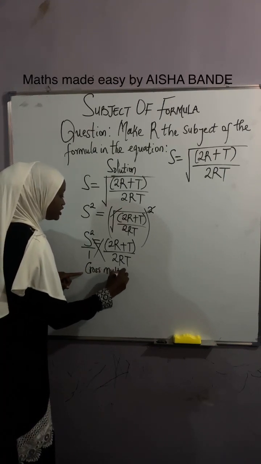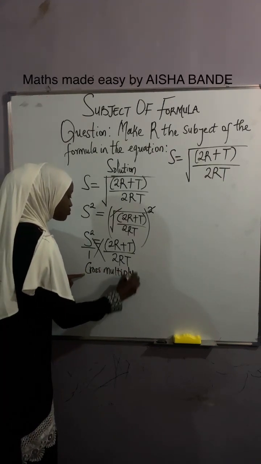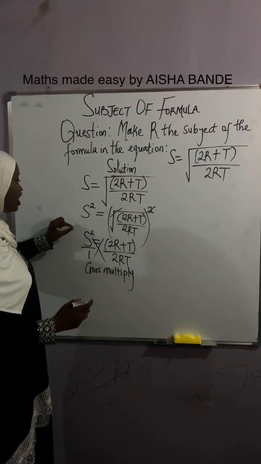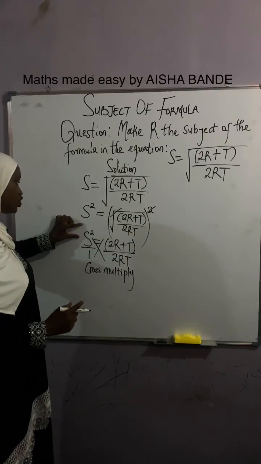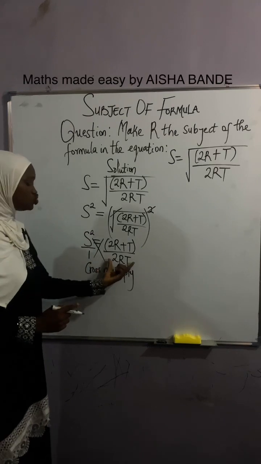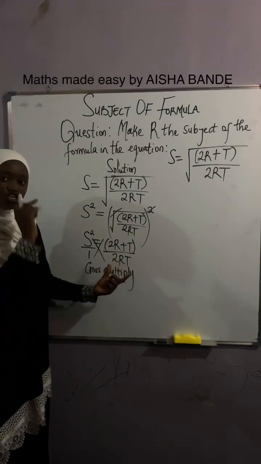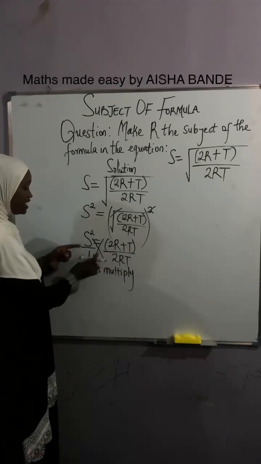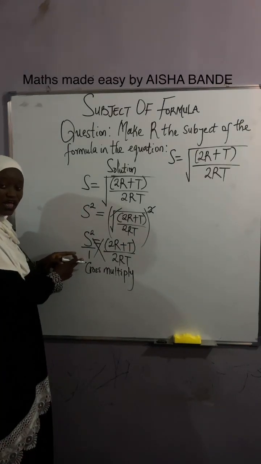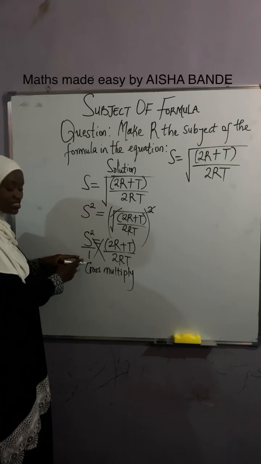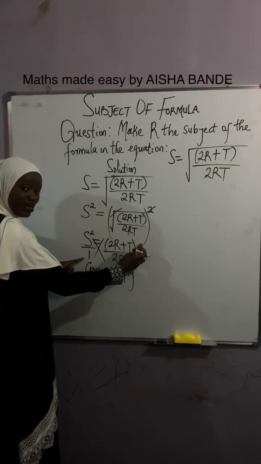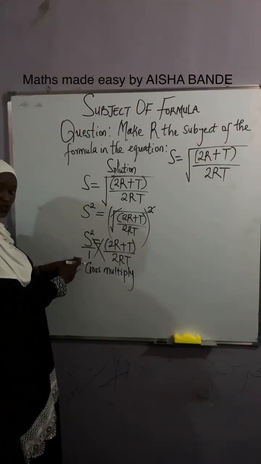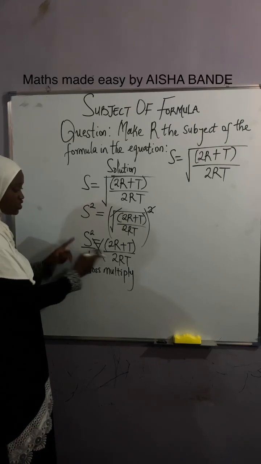Cross multiplying means multiplying what we have at the numerator of the left hand side together with the denominator at the right hand side, equating it to the numerator at the right hand side multiplying the denominator at the left hand side.